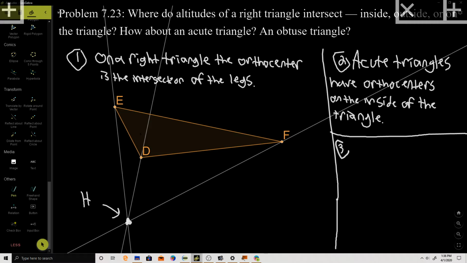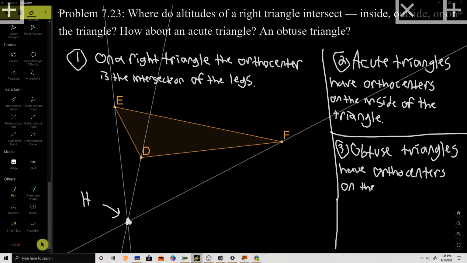So, obtuse triangles have orthocenters on the outside of the triangle.